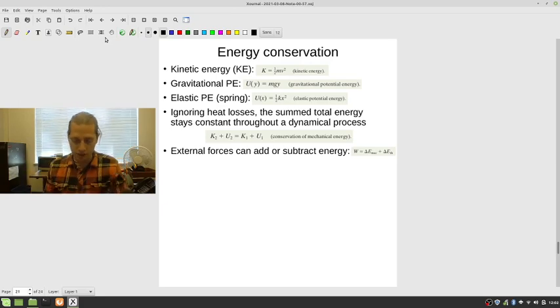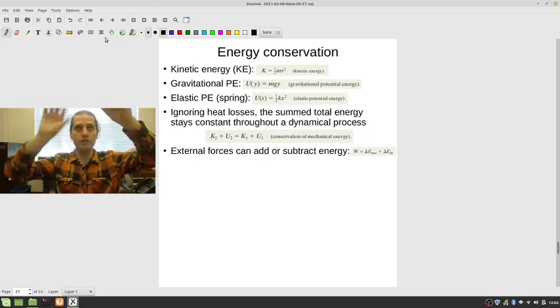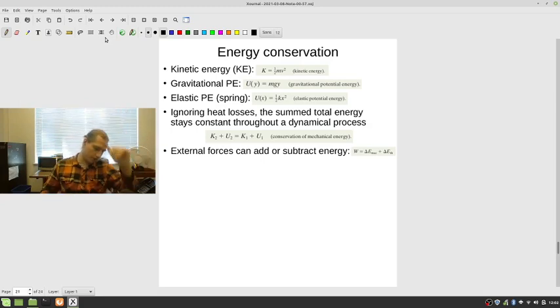So for instance, instead of thinking about the work that's being done here, we think of that work that we've put into lifting this up as energy that's being stored in a gravitational field. And we can get that energy back simply by dropping it.